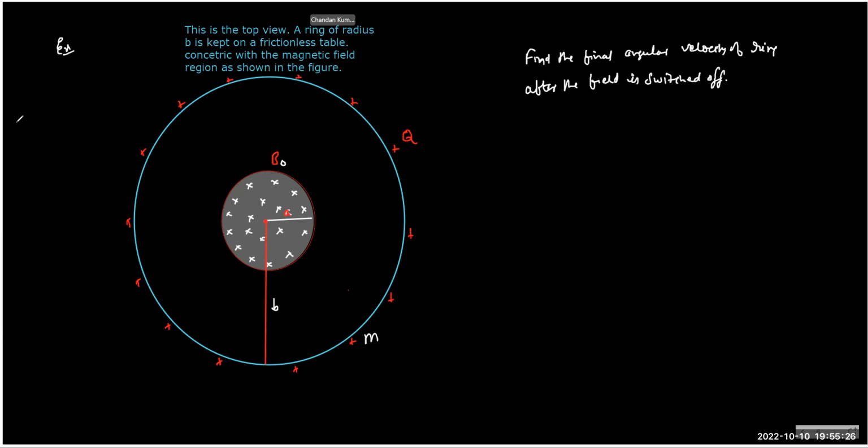So the d by dt is like infinite value. So this creates impulsive electric field. The E becomes really large in value. And this impulsive field in no time will create the impulsive torque on the ring. And that impulsive torque will create the impulsive acceleration, and that impulsive acceleration will create omega in no time.